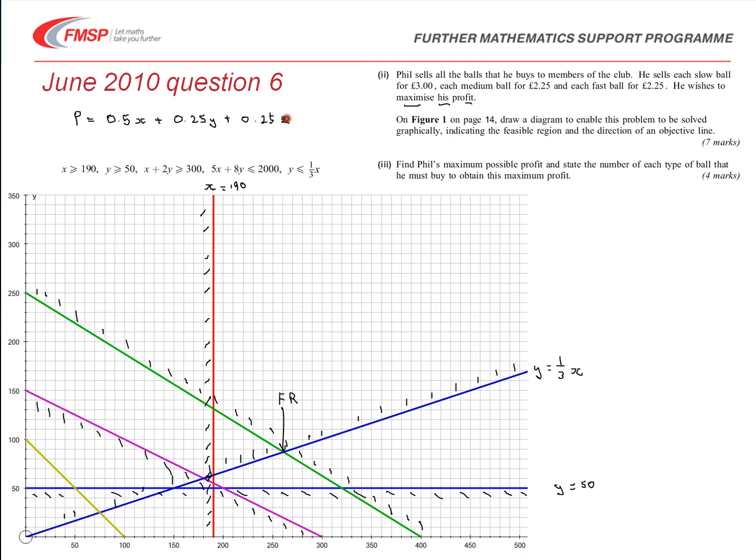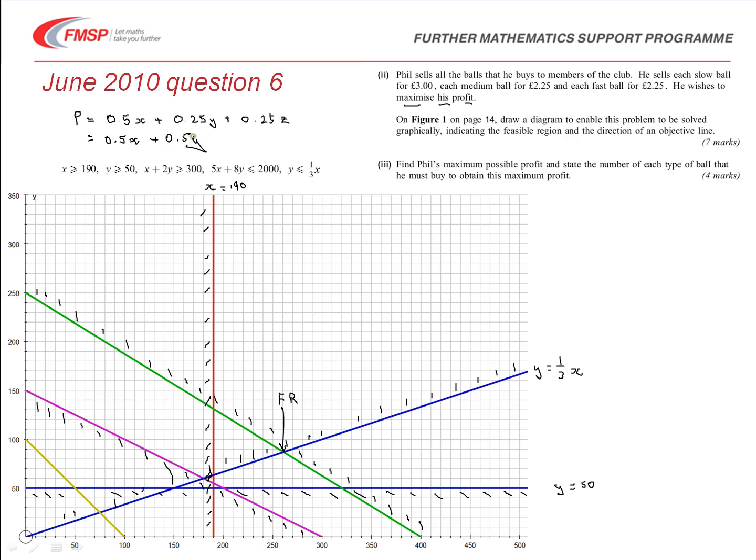Now, remembering that y is equal to z, if we simplify this, we get 0.5x plus 0.5y as the profit equation. So we can then decide what sort of values will give you a profit calculation based on this.